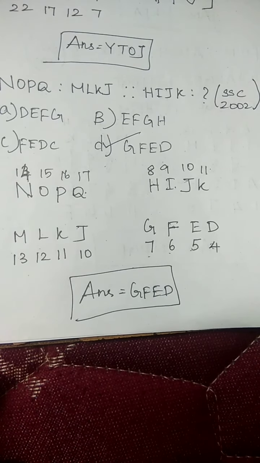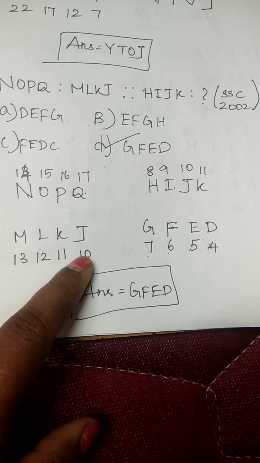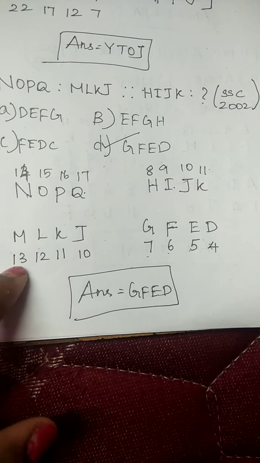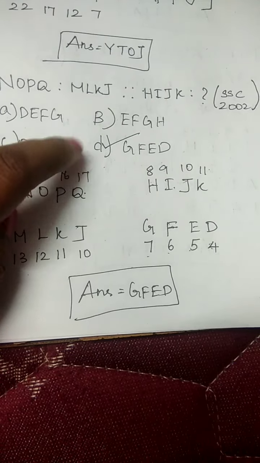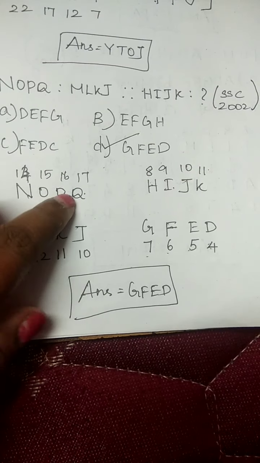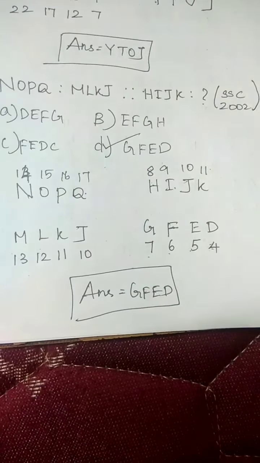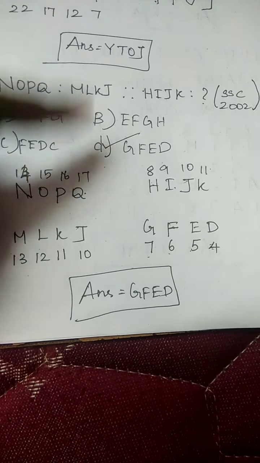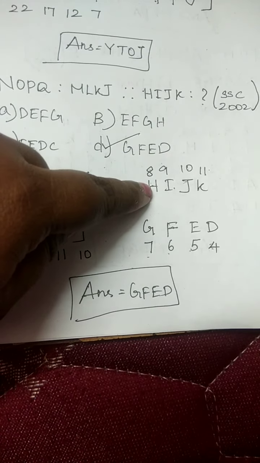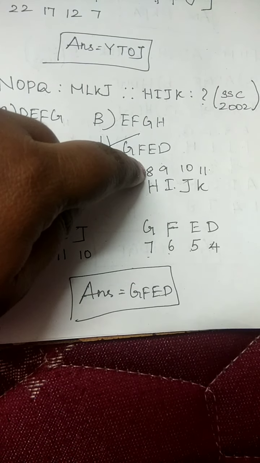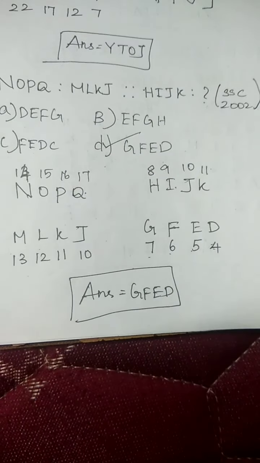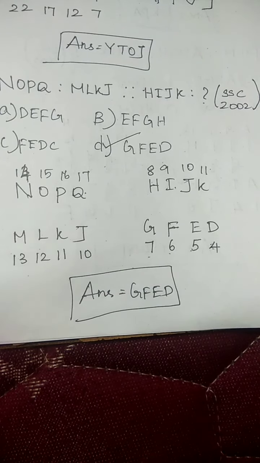Can you understand it? It starts from 10, 11, 12, 13, 14, 15, 16, 17, from J to Q. They have numbers from the question. Similarly, to find the answer for H, I, J, K, we have written them along with their alphabetical order numbers. H is 8, I is 9, J is 10, K is 11.